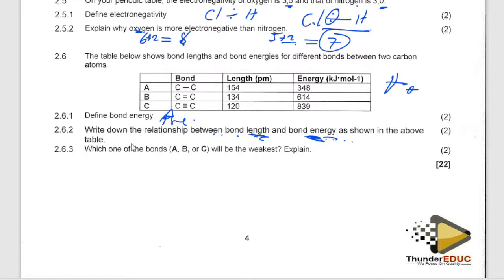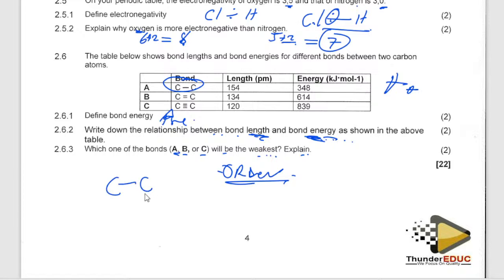And then they're saying, which one of the following A, B, C will be the weakest? Explain. This one is going to be the weakest. Why? It's long. How do I know that it's long? Because one of the factors which affect this is the bond order. When you talk about order, it means how many bonds there are.